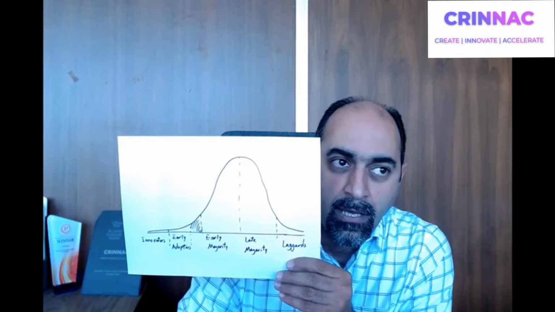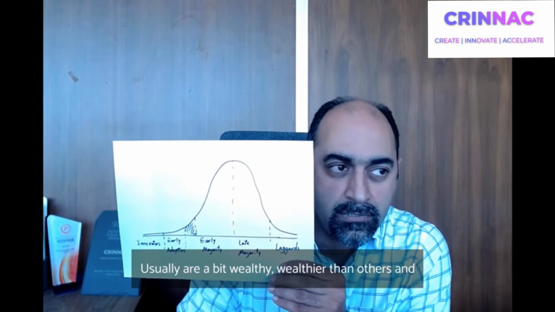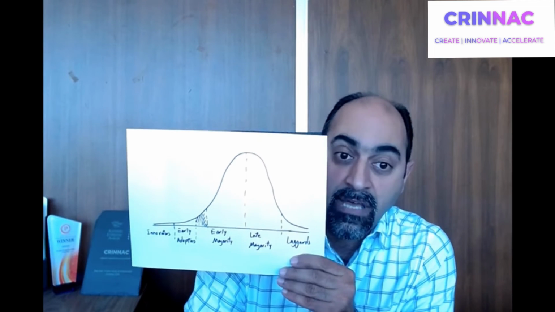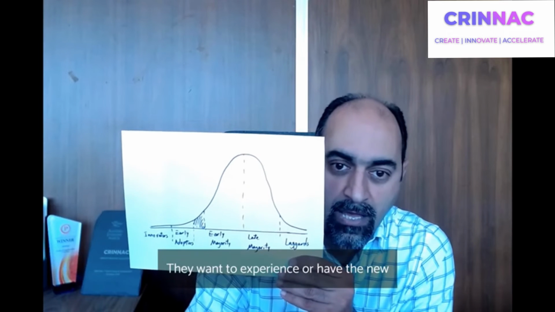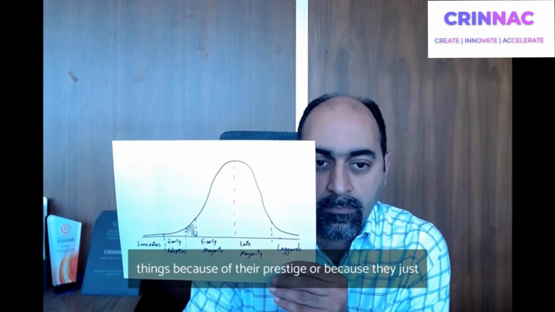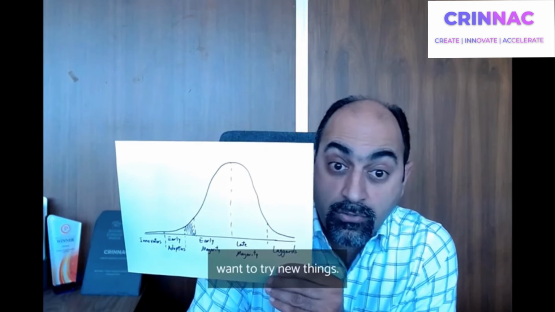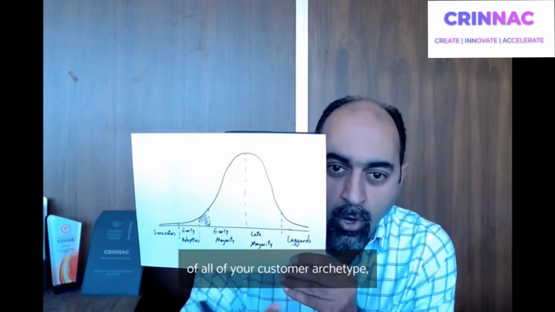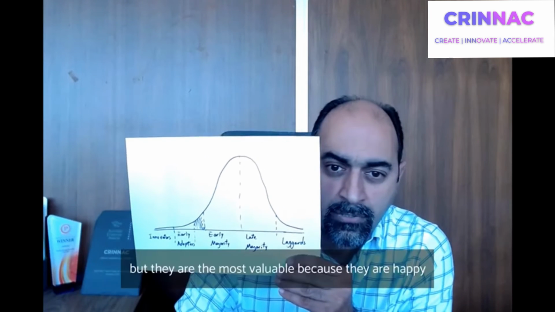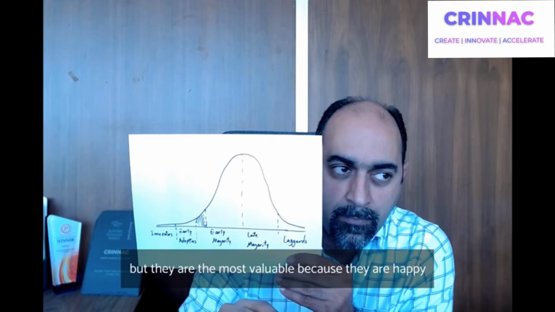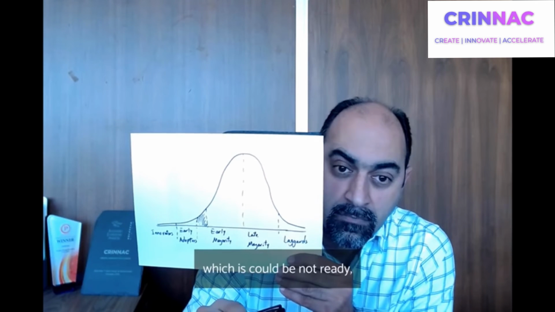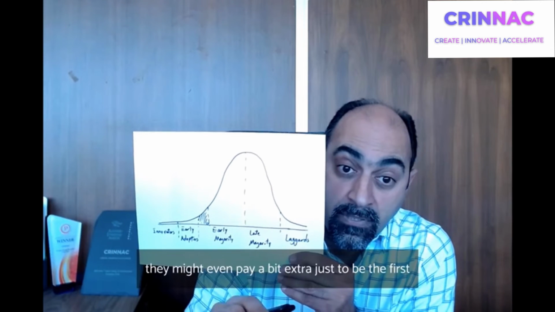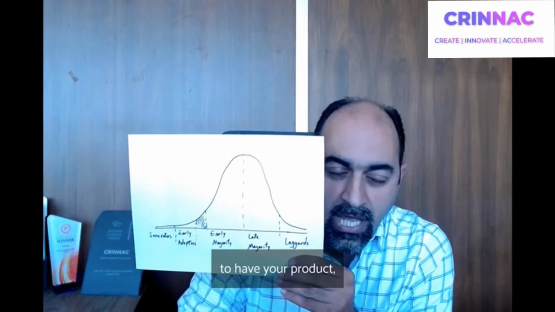Usually they are a bit wealthier than others, and they are tech savvy and adventurous. They want to have new things because of prestige, or because they just want to try new things. Those groups are a very small portion of your customer archetype, but they are the most valuable because they are happy to pay for your product, which might not be ready, might not have all the features, might have some issues. They might even pay a bit extra just to be the first to have your product.